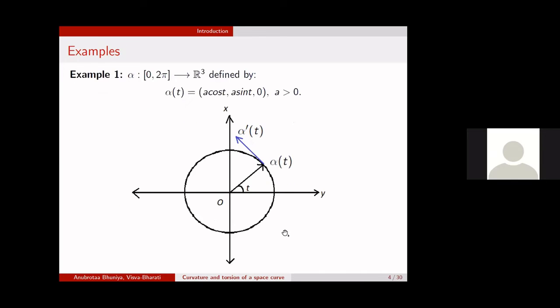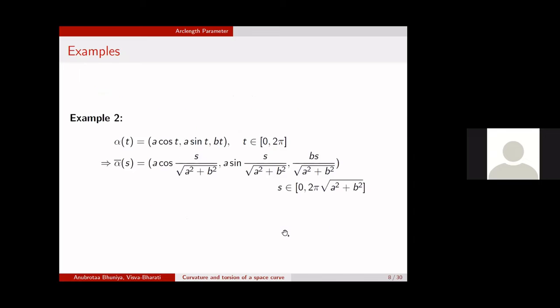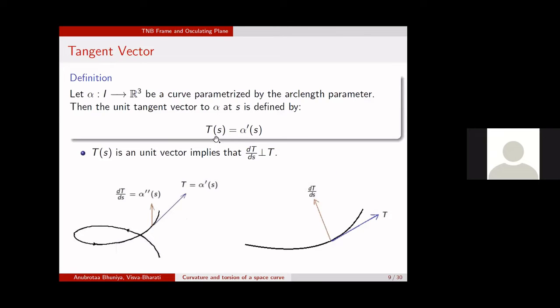We define this vector alpha dash s as T(s), the unit tangent vector at any point. You can see here, this is alpha dash s, and this is what dT/ds, or alpha double dash s, is. Since T(s) is a unit vector, alpha double dash s is always perpendicular to T.